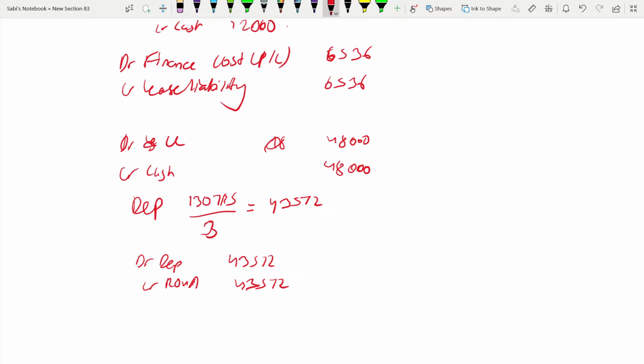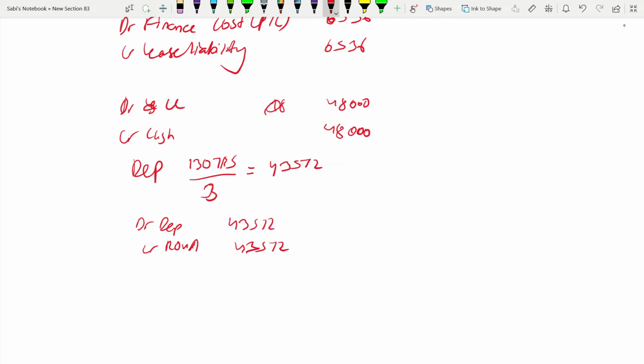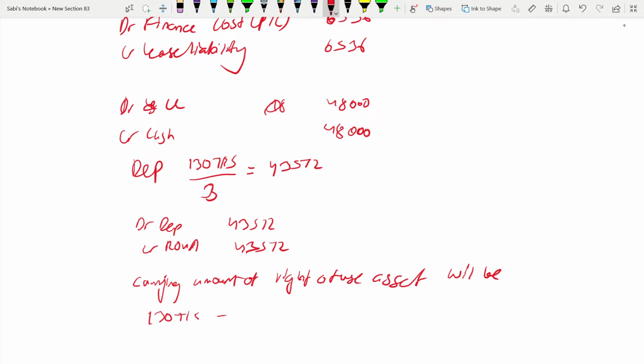Then the carrying amount of right of use asset will be 130,715 minus the depreciation, which is 43,572, which is 87,143. Right?